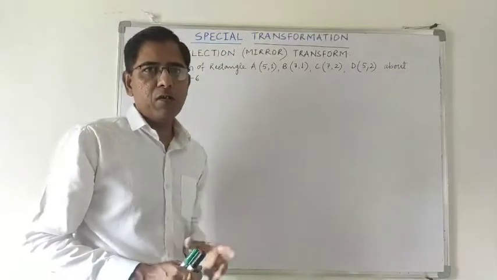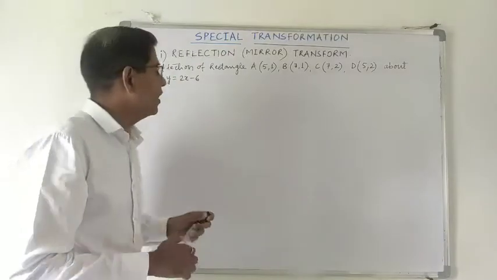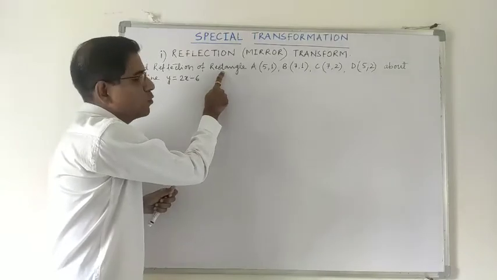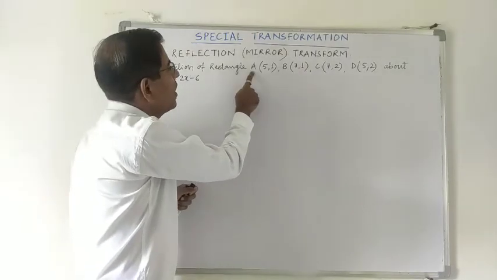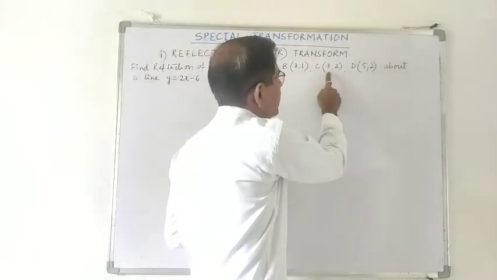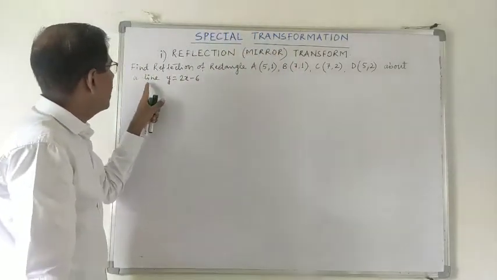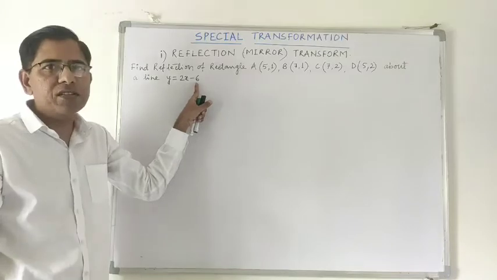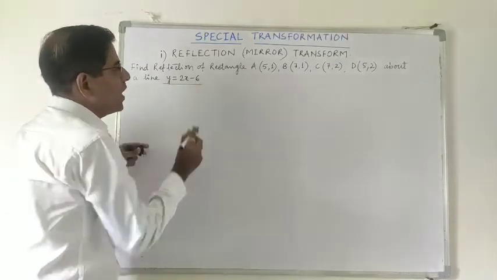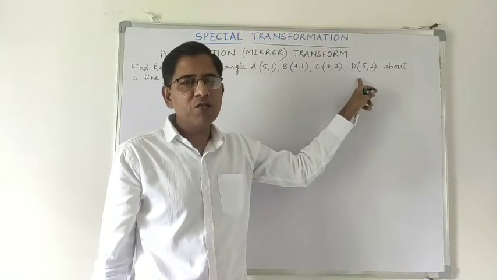Now continuing our discussion on reflection transform, we'll take another problem. Find the reflection of a rectangle. The original figure is a rectangle having coordinates A(5,1), B(7,1), C(7,2) and D(5,2), about the line y equal to 2x minus 6.